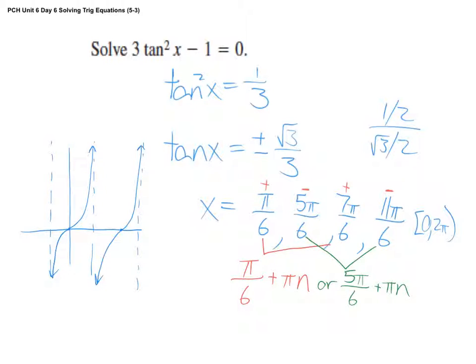Remember, because it looked like this, the period was only pi instead of 2 pi. For sine and cosine, the period was 2 pi, but for tangent, the period was only pi. So in this case, we're going to see things repeating every pi units instead of every 2 pi units. So that's why for tangent, we can just do pi n.